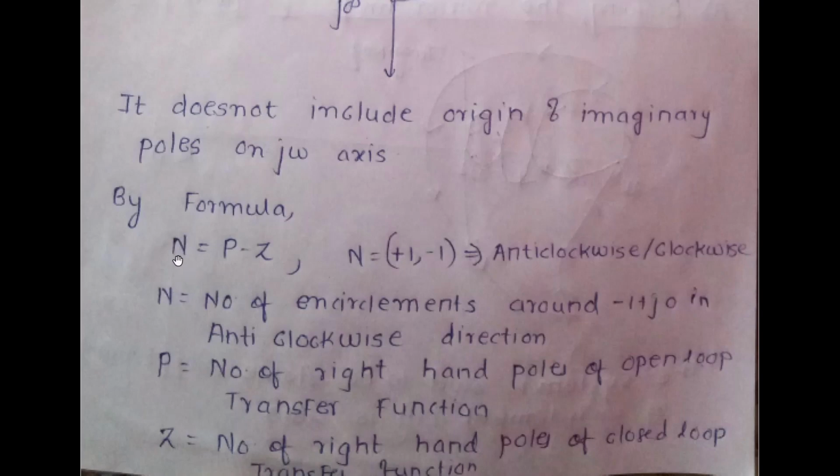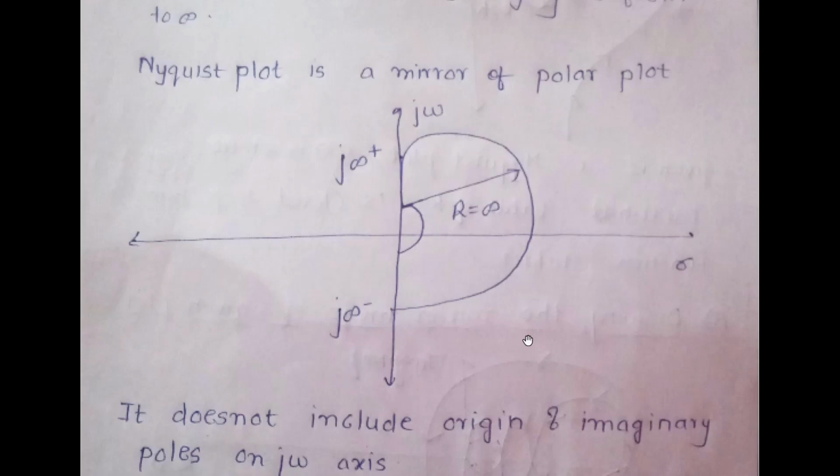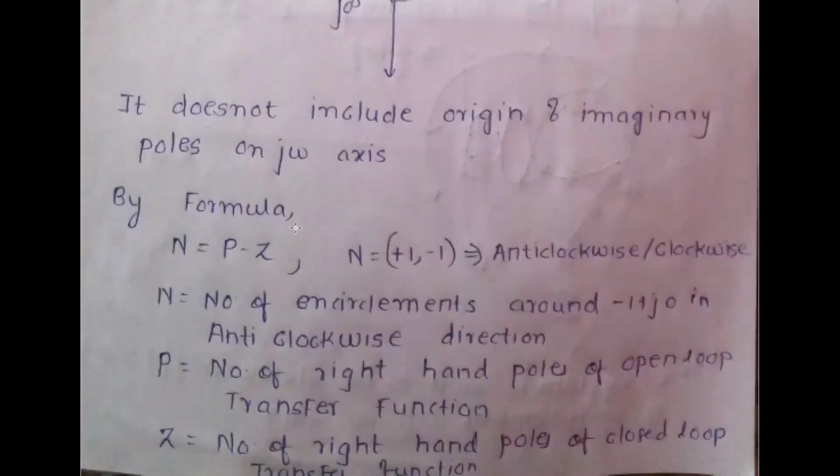This is very important. Basically, N = P - Z is a very important formula in the Nyquist plot, in which N indicates the number of encirclements around -1 + j0. Here -1 will exist somewhere over here. In -1 + j0 there is nothing on the imaginary axis, it is on the negative real axis.